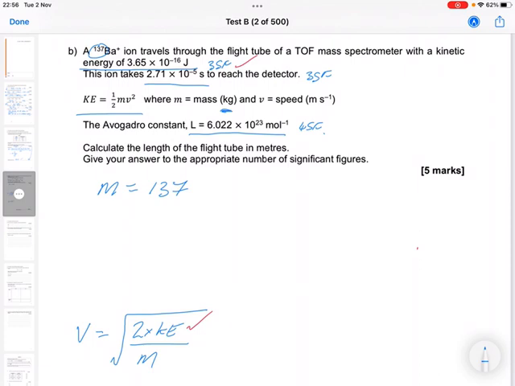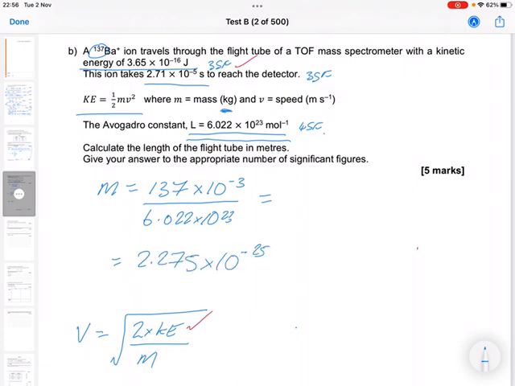So the first thing I'm going to do is divide by 1,000, which is times 10 to the minus 3. And that's the mass of 1 mole. So that's the mass of 6.022 times 10 to the 23 in kilograms. So to get the mass of one of those, divide by 6.022 times 10 to the 23. Okay, so when I work that out, so all this is going to follow through now. So working my way back down, that's going to be 2.275 times 10 to the minus 25 kilograms, and there will be a mark for that.